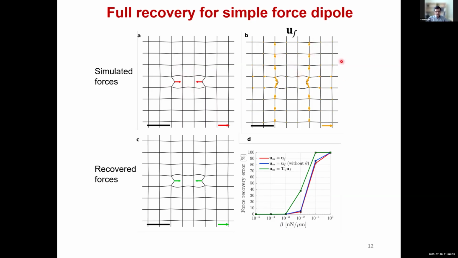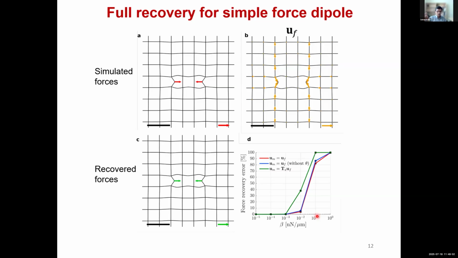And we'll use this displacement deformation pattern to infer the forces, which we call recovered forces, in green. And we'll plot the recovery error in the forces. And this is plotted as a function of this regularization parameter beta. The idea is that if beta is too high, then we are penalizing the magnitude of forces too much.